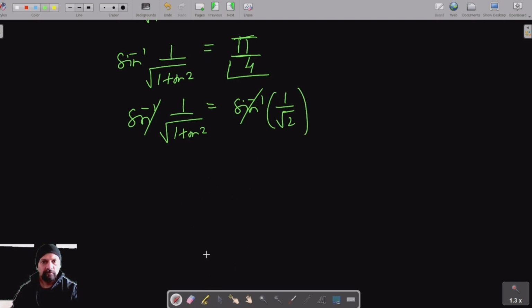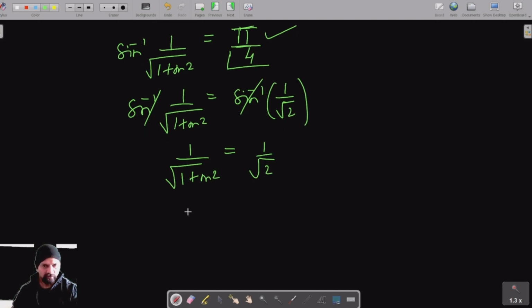So sine inverse 1 by root 2 is pi by 4. It's not sine inverse 1, sorry. So this is now 1 upon under root of 1 plus m square, that is 1 by under root 2. And if I square on both sides, this gives me 1 plus m square is equal to 2. So m square is equal to 2 minus 1, which is equal to 1. And m is equal to plus minus 1.